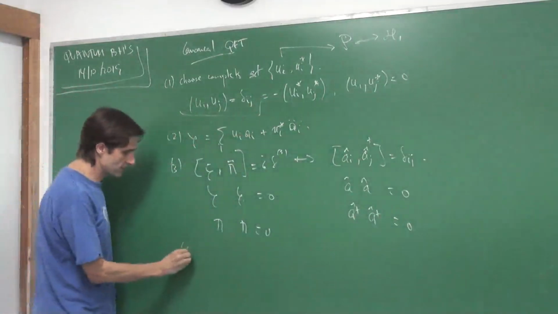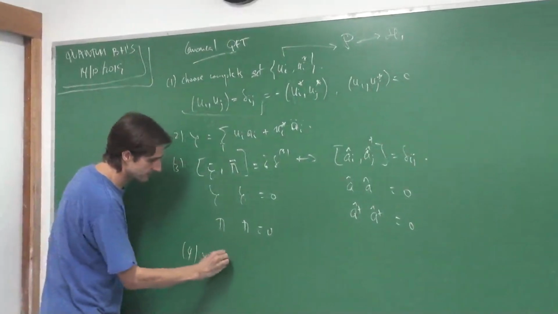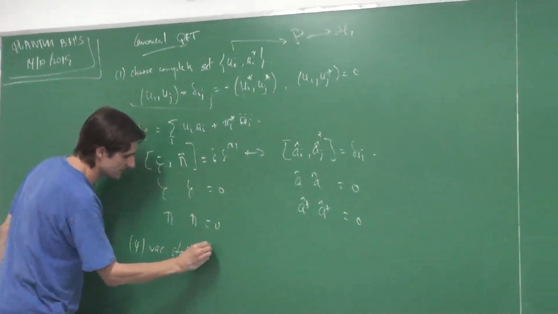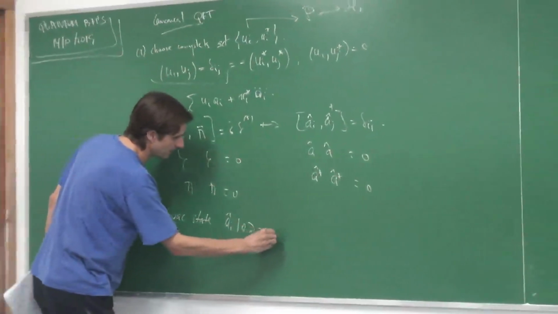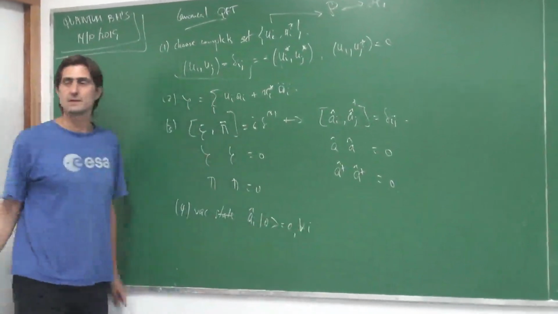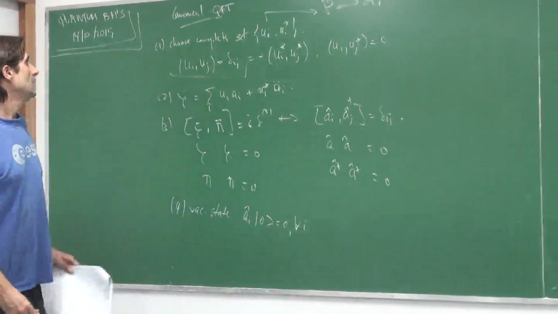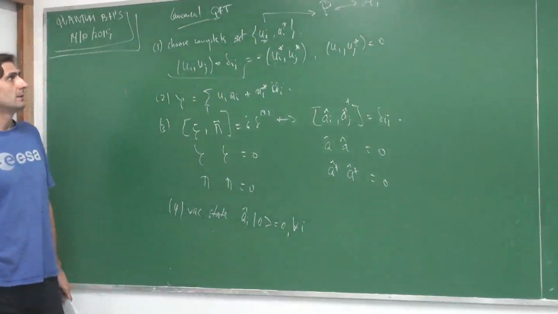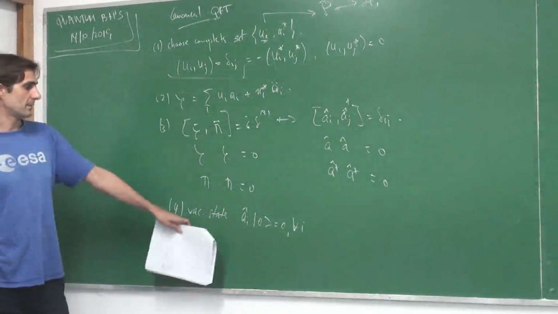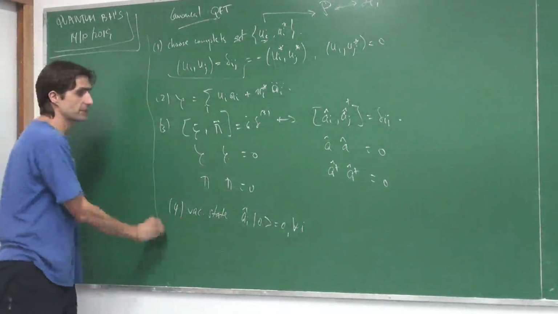And then of course you build your vacuum state as the state which is annihilated by all these A's. So a choice of a complete set of modes u_i corresponds to the choice of a vacuum state.